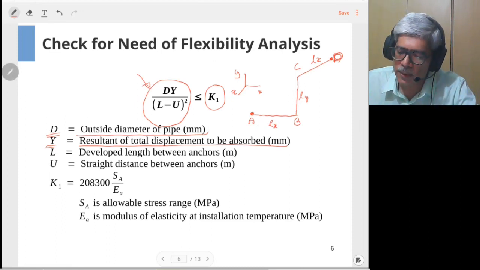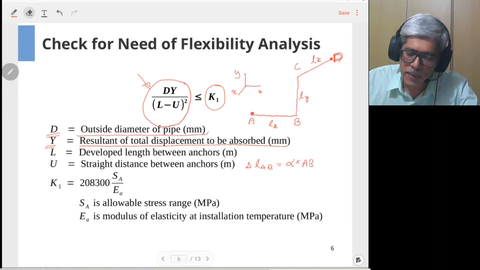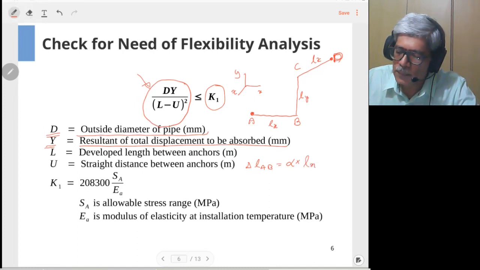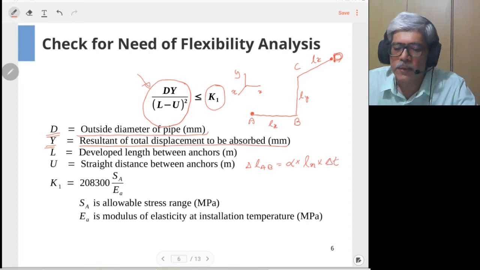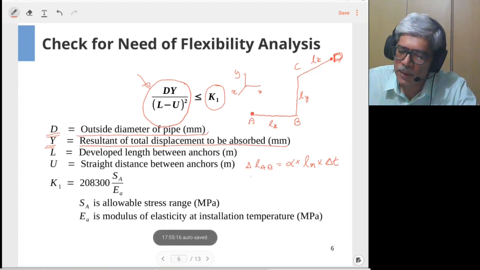So that expansion in AB, delta LAB, will be given as alpha, the coefficient of thermal expansion, into length AB, that is Lx, into delta T. So how much is the temperature difference during the thermal cycle of that piping? That will give you the change in length AB.